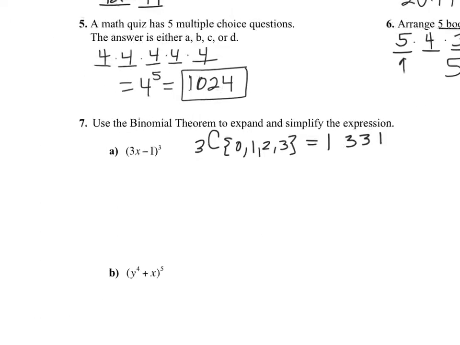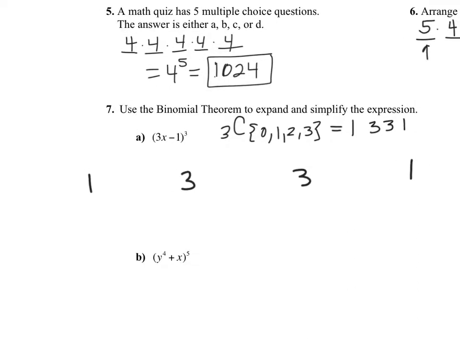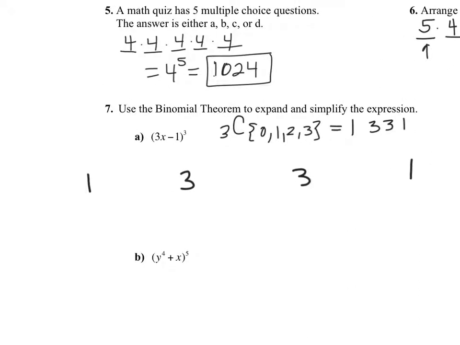Okay, so now let's take that, and we're going to expand it. Write those numbers down: 1, 3, 3, 1. Give yourself some room. Now we're going to take the first term here, which is 3x, and we're going to cube it. That 3x is going to get lower and lower in its exponents until it's not even there.